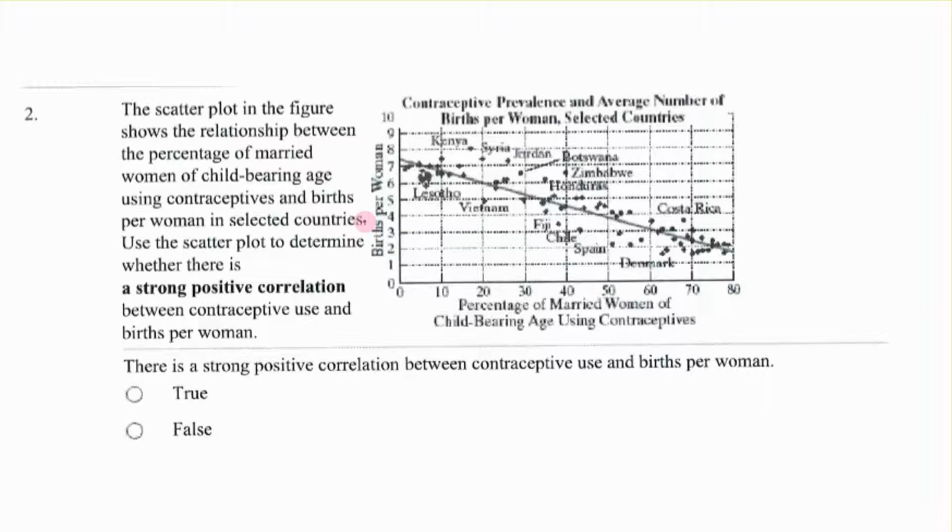So the X is the percent of married women using contraceptives and the births of women. Okay. So even if that's kind of hard to understand, it says use the scatter plot to determine whether there is a strong positive correlation.